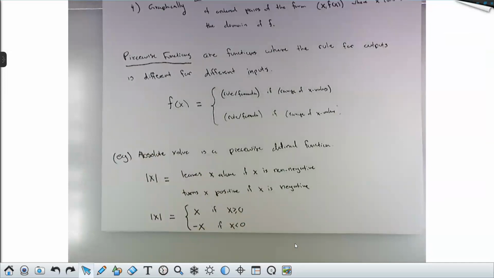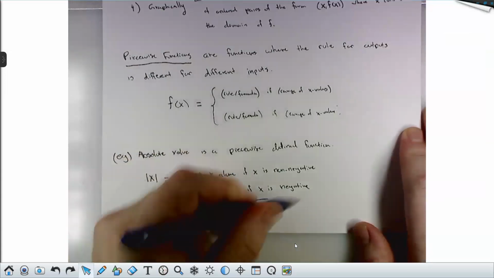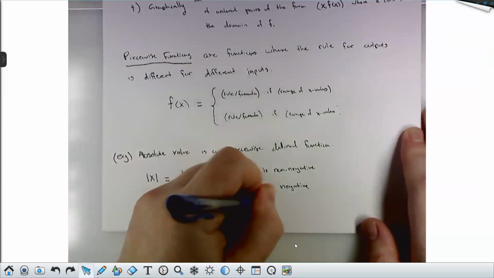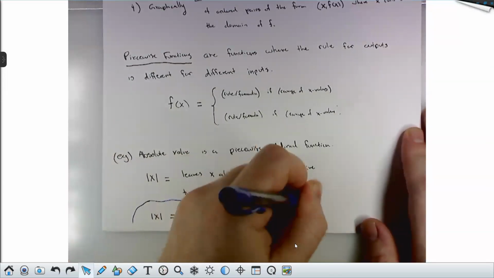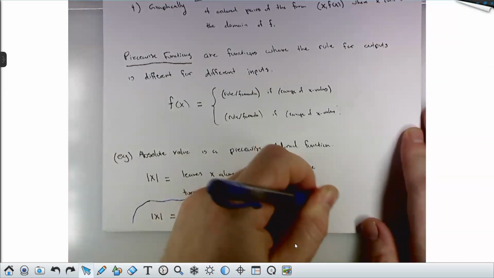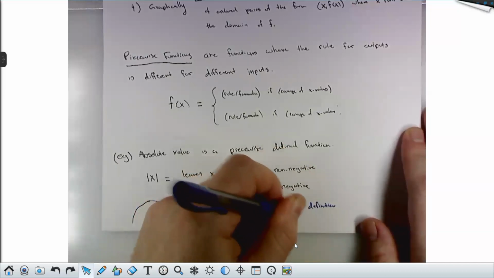So this is your definition of absolute value. In this class and in calculus classes, you should take this as the definition of absolute value.